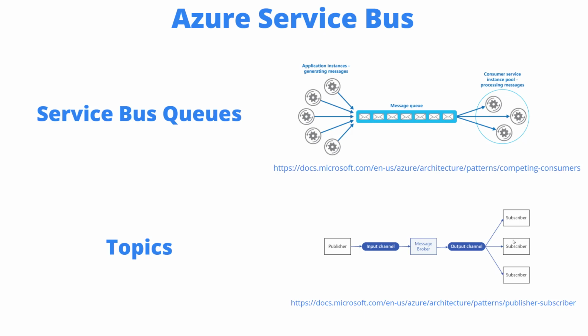In this case, for all of our 3 subscribers, they're all going to get a copy of the same message. And so what we do is we create a subscription for each of these subscribers on the topic itself. I'll show you what that looks like on the next slide. But this is how we can really get that fan out type capability where one message coming in can be made available to one or many subscribers.